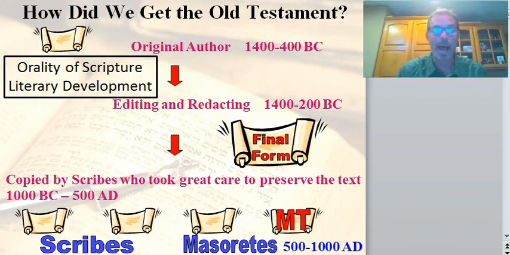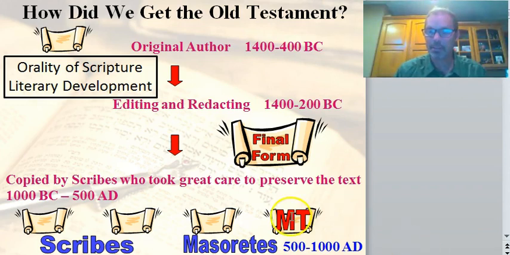A family of scribes who especially took great care to copy the text of the Old Testament Hebrew were called the Masoretes. And they worked from about 500 to 1000 AD, and the text that they produced in 1000 AD, the Hebrew text, is referred to as the Masoretic text.